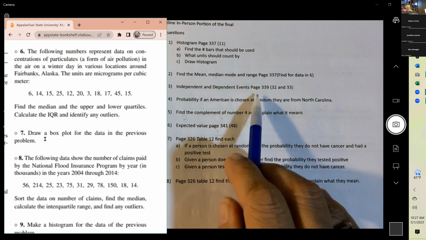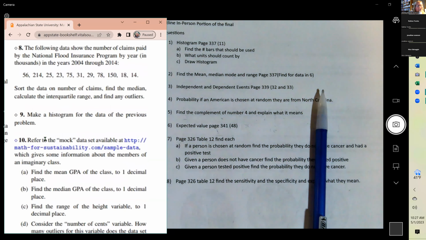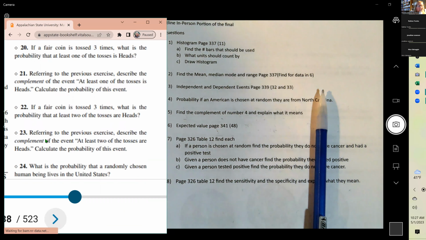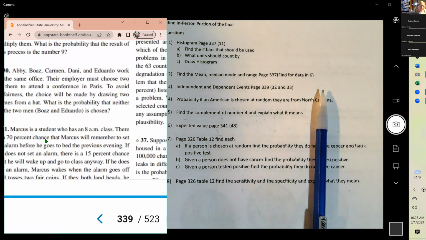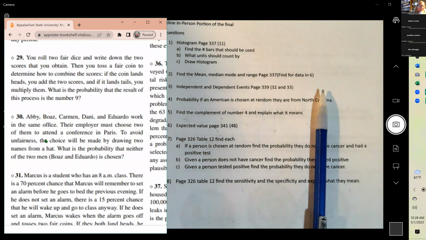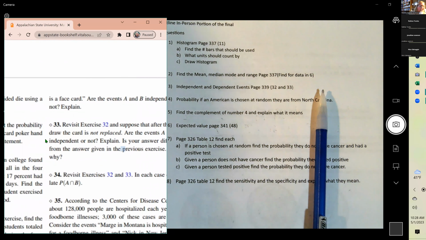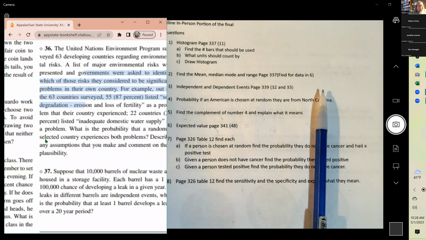Independent and dependent events. Okay, so 32 starts at the bottom.